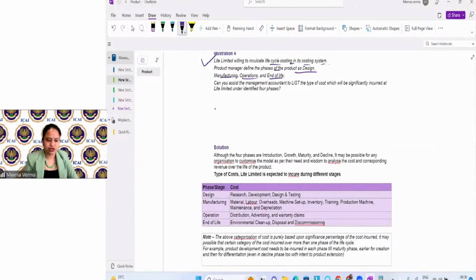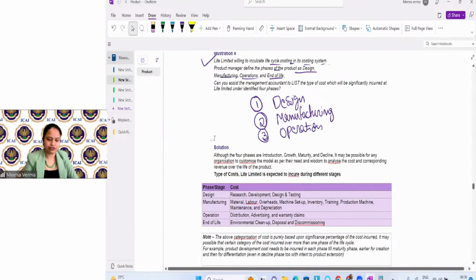First is design. Second is manufacturing. Third is operation. Fourth is end of life.